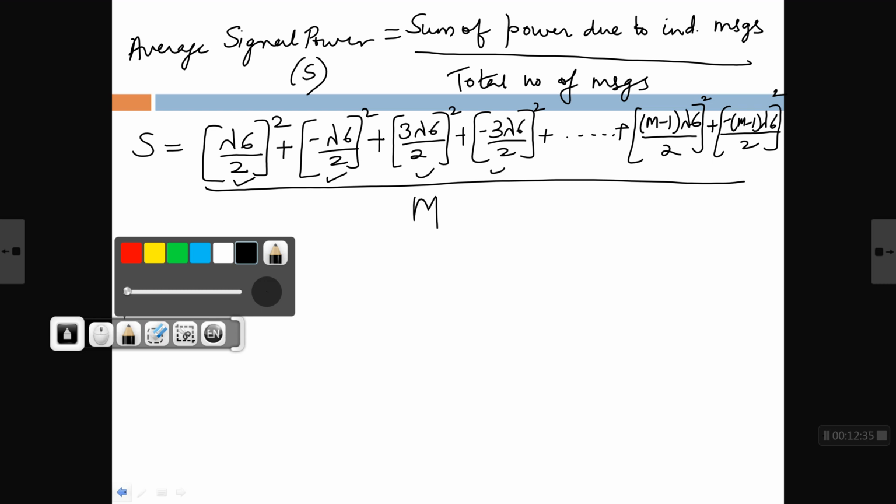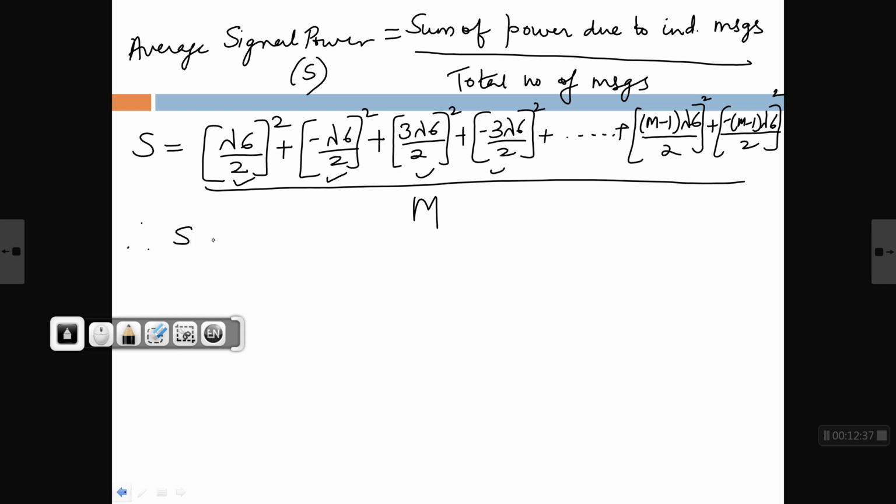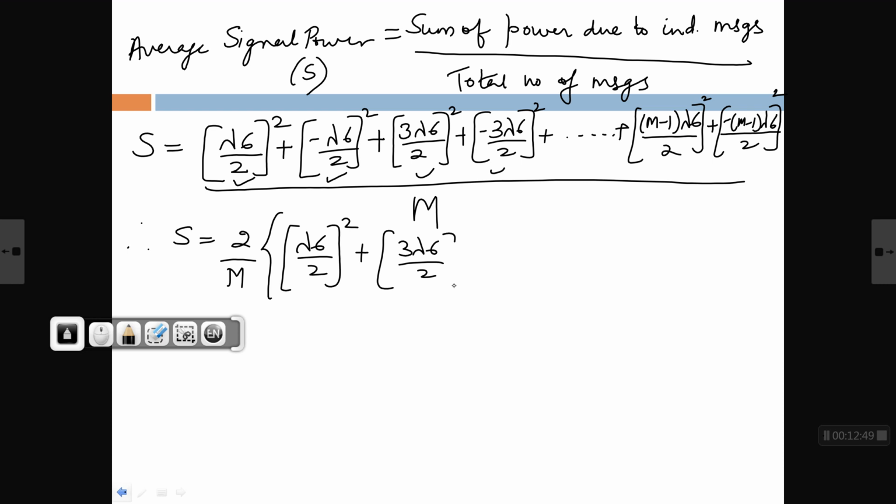So S would be 2 by m, and inside the bracket I write lambda sigma square plus 3 lambda sigma square plus, and last would be m minus 1 lambda sigma, the whole by 2, the whole square. So I get this.